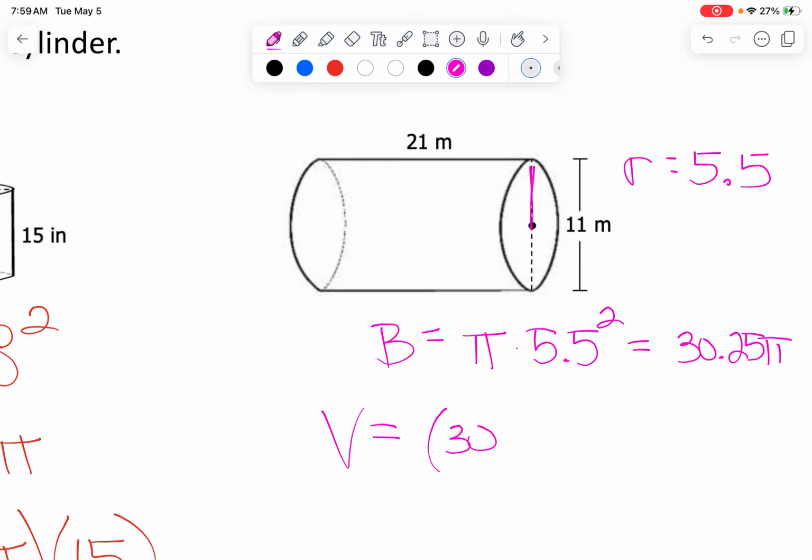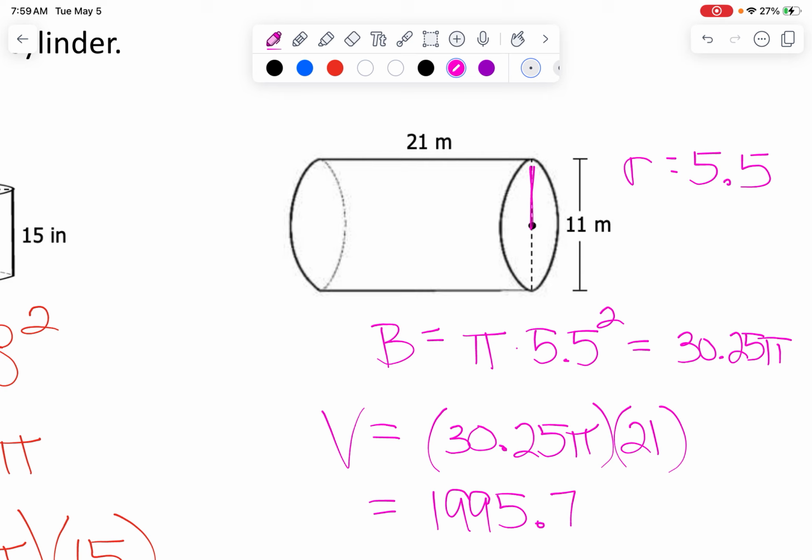And if I do that, I got 1,995.7 cubic meters.